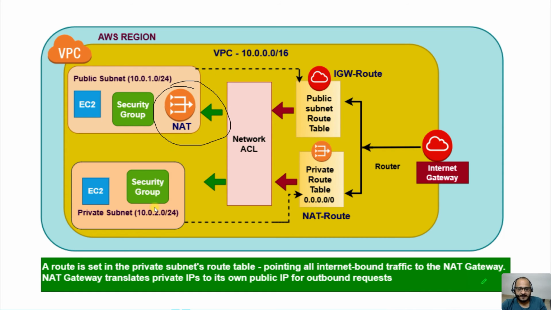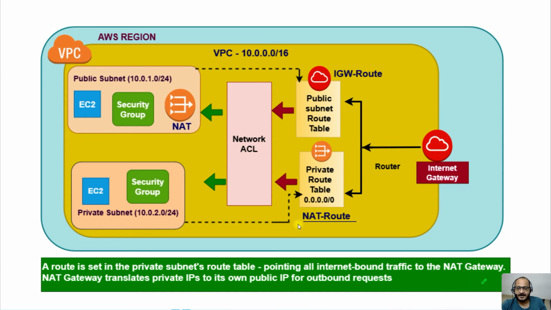When we create a NAT gateway, we have to update the route table for each subnet. For the public subnet, we will have a route table where we allow internet traffic to the internet gateway. Similarly, in the private subnet, we have to allow all internet-bound traffic to the NAT gateway.